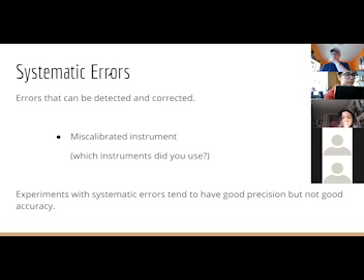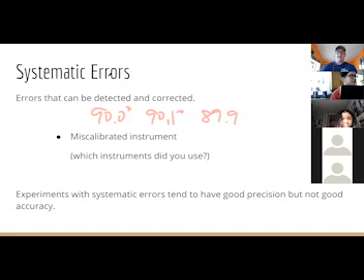Yeah, precision means that I get the same answer over and over again with very little difference. So for instance, if I'm measuring the boiling point of water and I get 90, 90.1, 89.9, are those numbers precise or accurate? Precise. They're precise, right?